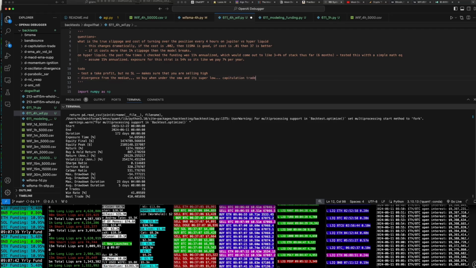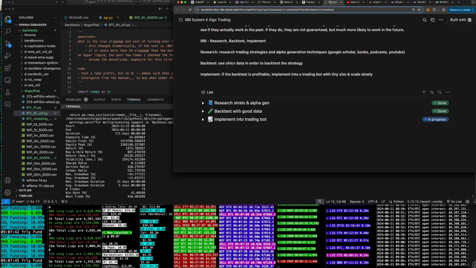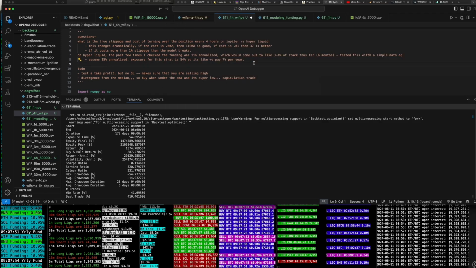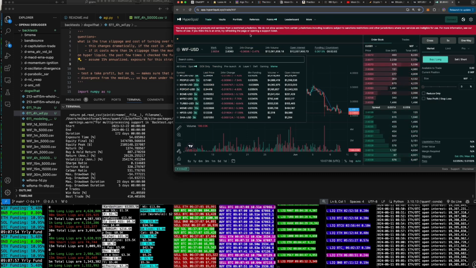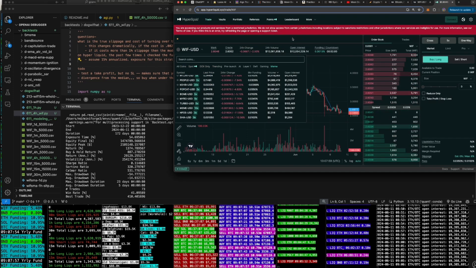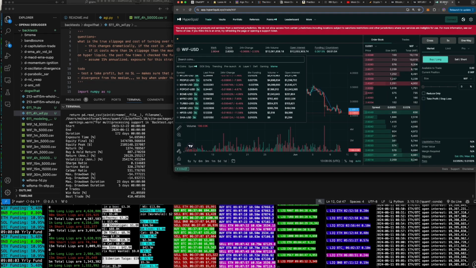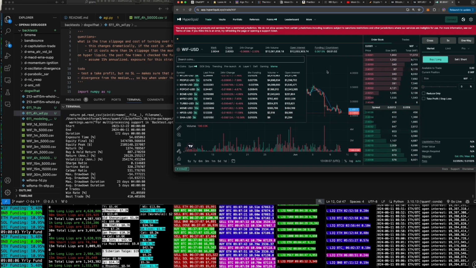Capitulation trade. Okay, sick. But remember, the process is to research first, then backtest. And we're backtesting right now before we implement it into a bot. I'm working on Jupiter here today, but this token is also on Hyperliquid. Is it better to trade there or here? You get wrecked easier there because there's leverage involved and you're a human being.